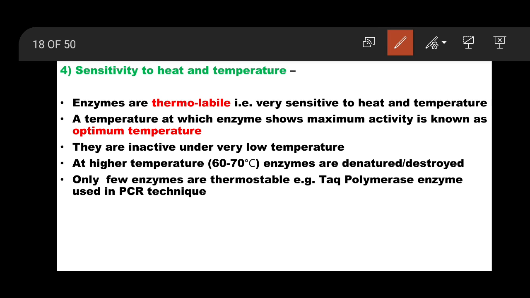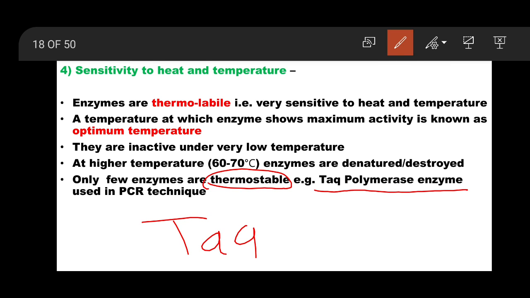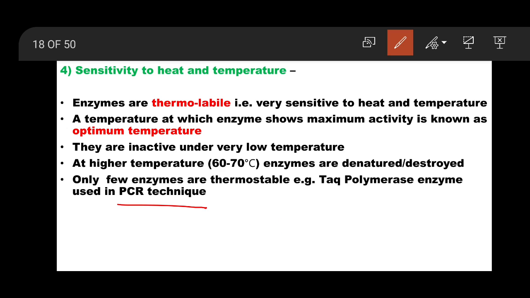Only a few enzymes are thermostable. There are very few examples of enzymes which remain stable. One is Taq polymerase, which is used in PCR techniques in molecular biology laboratories.